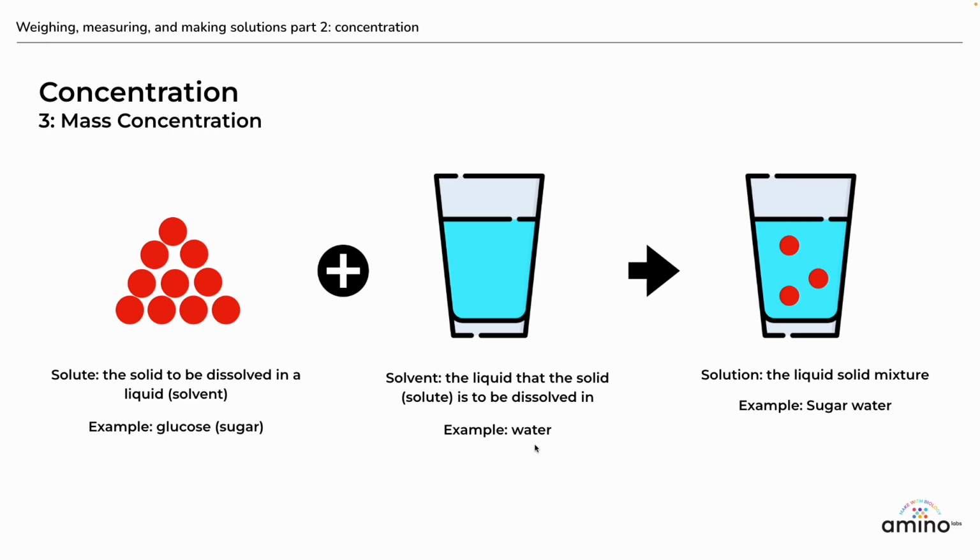And this could be something like water. When you mix the solute and the solvent together and they mix well and the solid or the solute dissolves, you get a solution, which is the liquid solid mixture. Okay, and so if the solute is glucose sugar and the solvent is water, your solution could be sugar water.